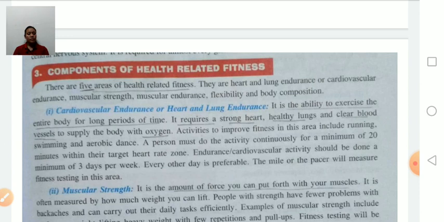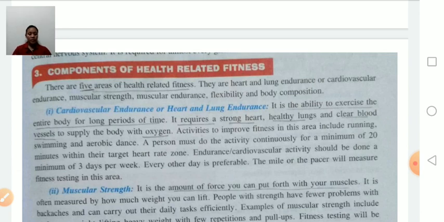For this, it requires a strong heart, healthy lungs, and clear blood vessels so that it can supply oxygen rich blood to the working muscles to produce the energy.